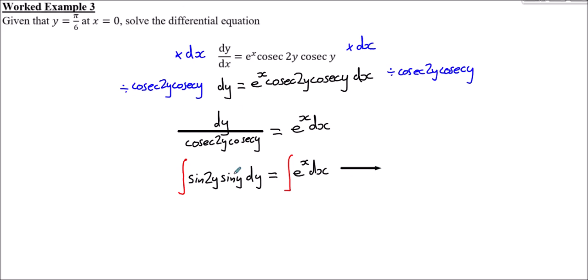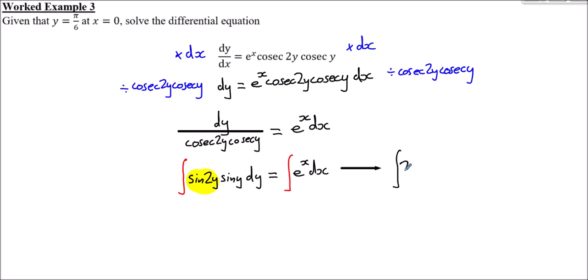So, this side here, sine 2y, sine y. I'm going to rewrite sine of 2y using the double angle formula. So sine 2y, I'm just going to rewrite as 2 lots sine y cos y.